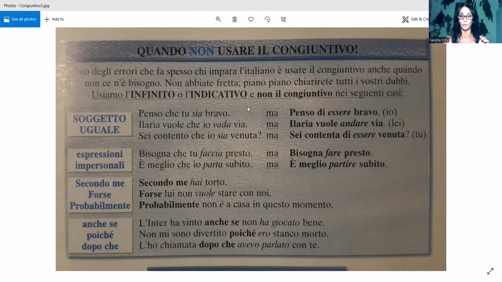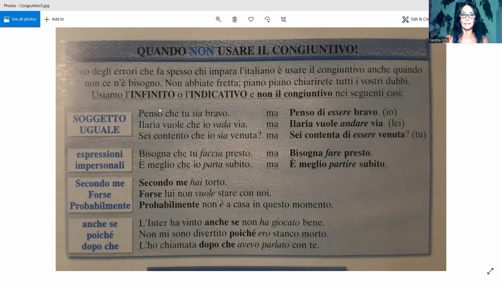The subject of the two sentences needs to be different. Only then you can have congiuntivo. In fact, if you think about those sentences about Laura, we have I believe that Laura, etc. So if the subjects are different, then we use congiuntivo. Otherwise, we don't. And let's see what we do instead.